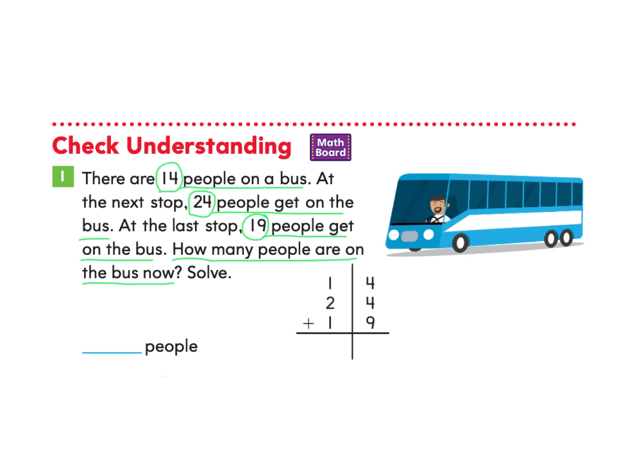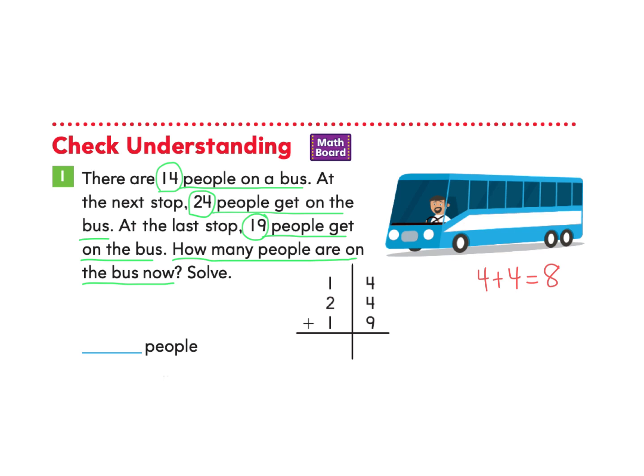So I'm looking at the ones column, and I'm noticing that 4 and 4 are doubles. And that's an easy strategy for me to solve the numbers in the ones column. So I know that 4 plus 4 makes 8.